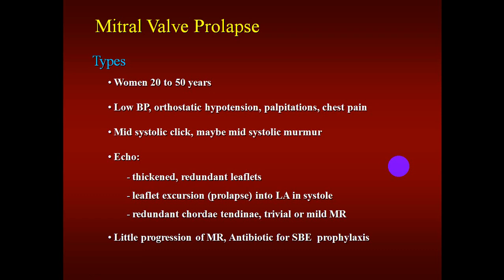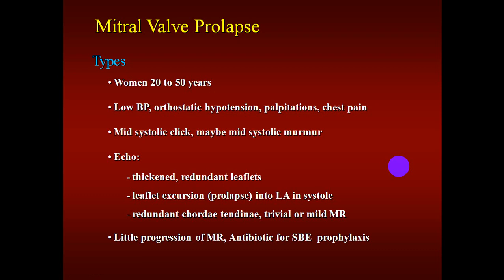If you remember, classical ischemic chest pain is retrosternal chest pain or heaviness exacerbated by exertion or stress and relieved by rest or glyceryl trinitrate. If one or fewer of these is present, it's atypical chest pain. In mitral valve prolapse, the pain is atypical and does not fulfill the criteria of ischemic chest pain.